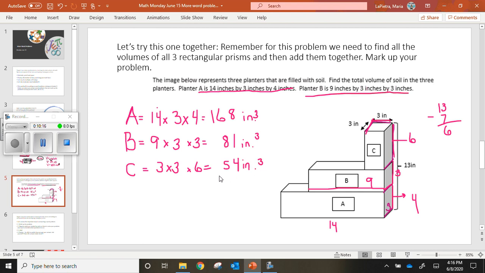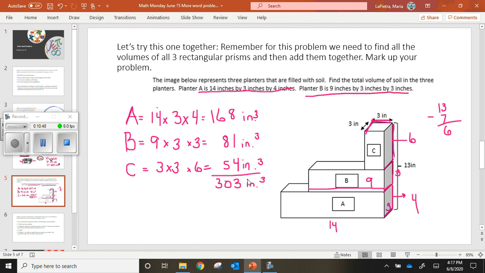And then we go ahead and add them all up. Okay, so we have 168 plus 81 plus 54, and you should get 303. And don't forget to label. Inches cubed, and that is your total.